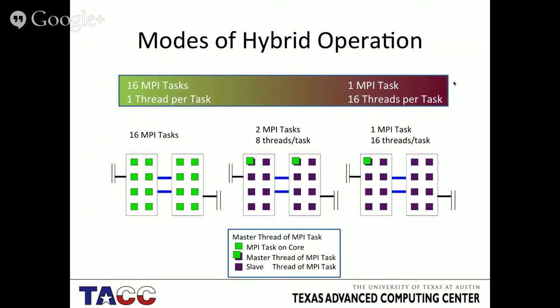There is a case that is even worse. Say that I have the example on the right: one MPI task and 16 threads per task. That figure is assuming an optimal situation where I have a master task, it spawns 16 threads, and each thread lands on a processing core. That doesn't have to be the case.